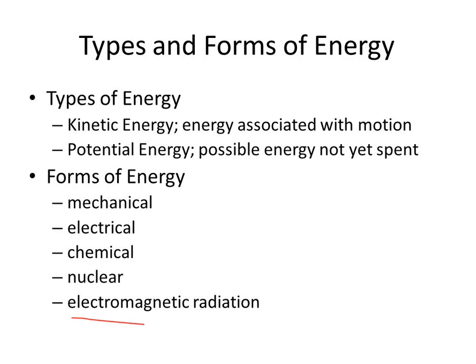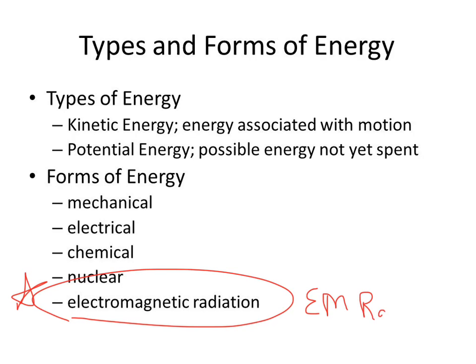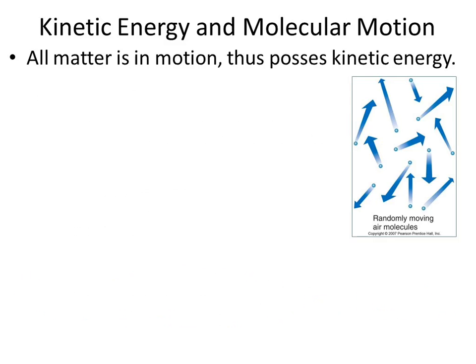We're going to be spending a fair bit of time talking about this, and I'm going to abbreviate it as EM radiation, sometimes just EM. That basically summarizes what the sun can send us. The sun has nuclear reactions going on in its core that ultimately create the energy that we receive. We receive it in the form of electromagnetic radiation, and we can convert it to those other things.